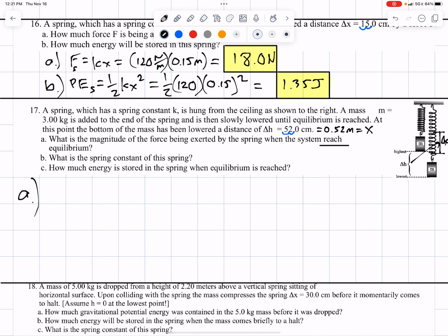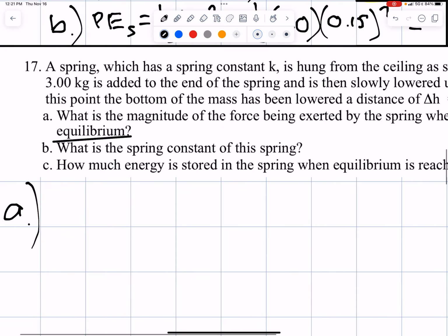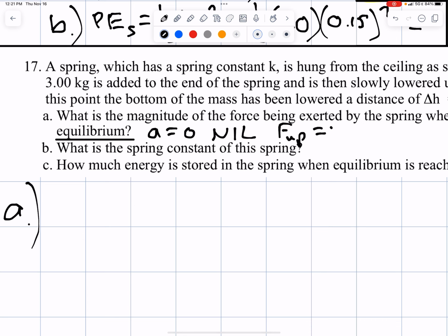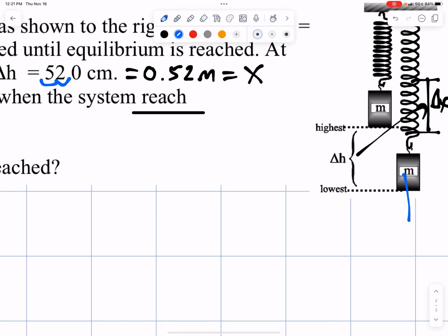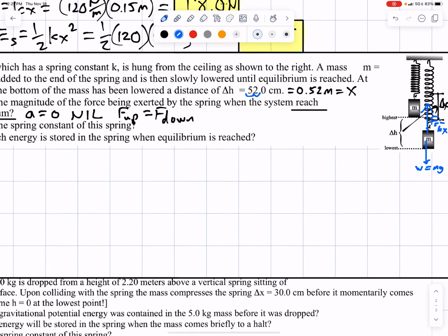So equilibrium, if you recall, means what? Means no acceleration, forces are balanced. Newton's first law, forces up equal forces down. So if I look at the picture, I'd have weight equals mg going down, but then I'd have spring force equals k times x going up.